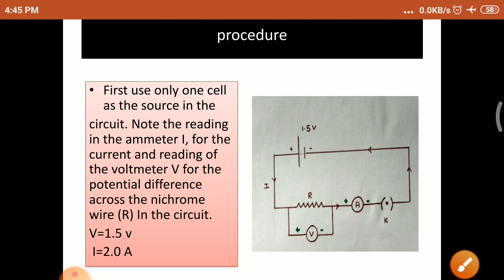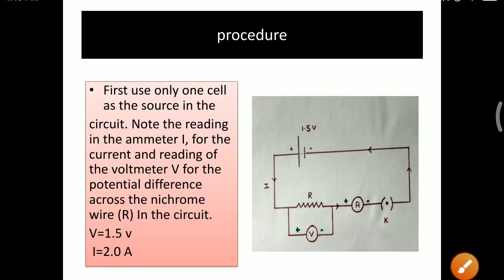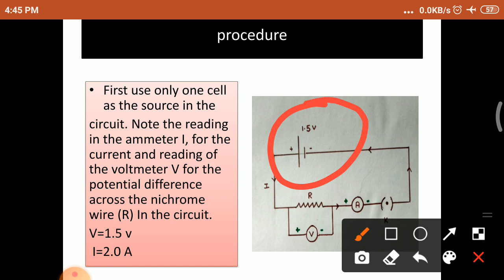You know that here I connected only one electric cell, so the voltage must be 1.5 volt. The voltmeter shows 1.5 volt, and the ammeter shows 2 ampere. The value may vary.